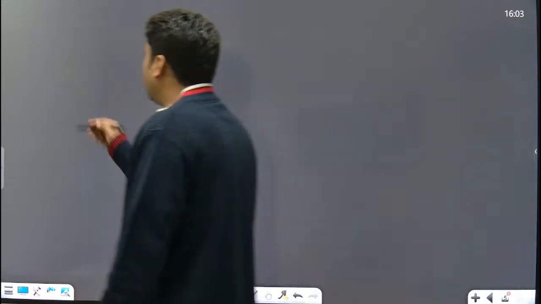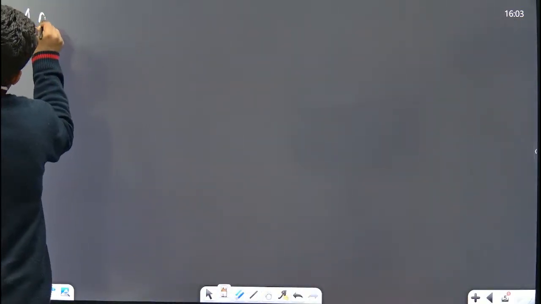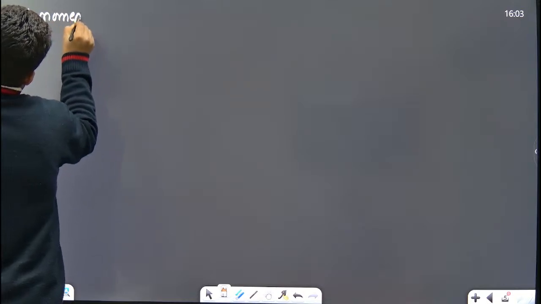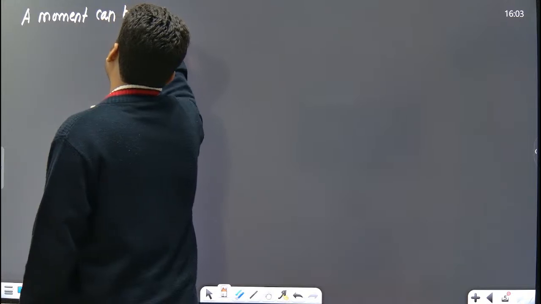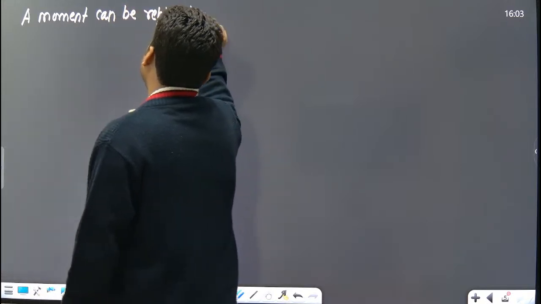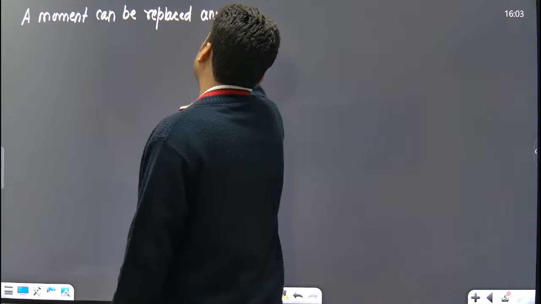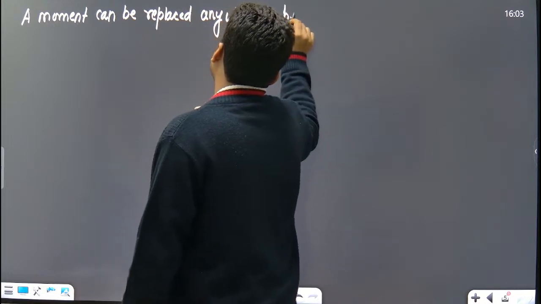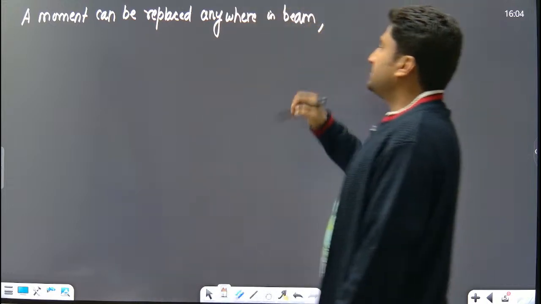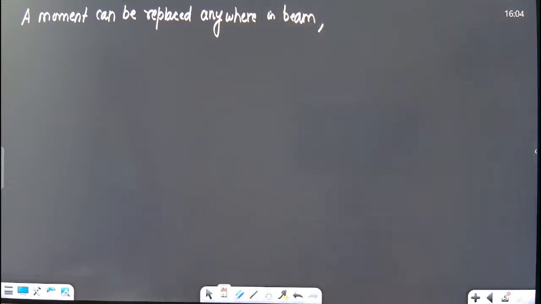A moment can be replaced anywhere in the beam.